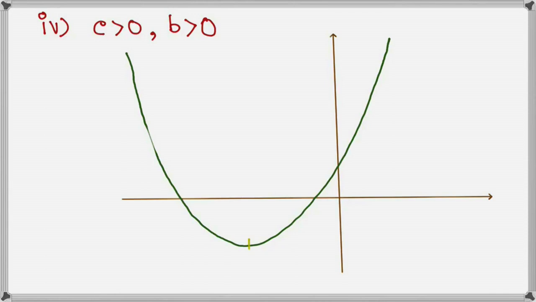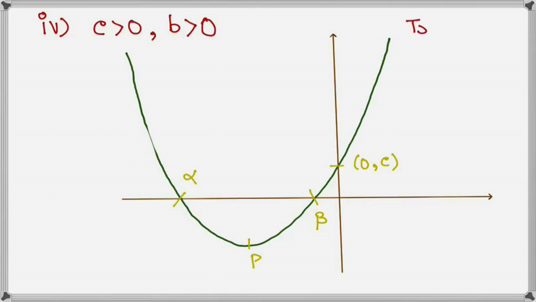So here is our vertex, this is the y-intercept, this is alpha and this is beta. So in this subcase also we see that alpha and beta both are real and distinct.